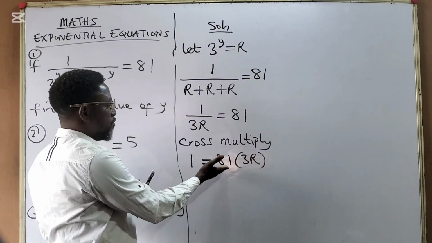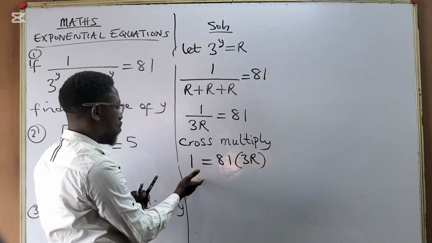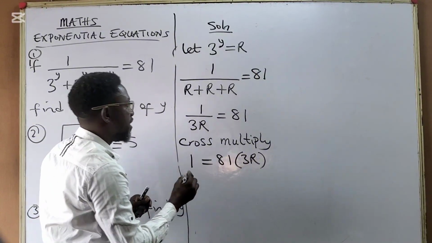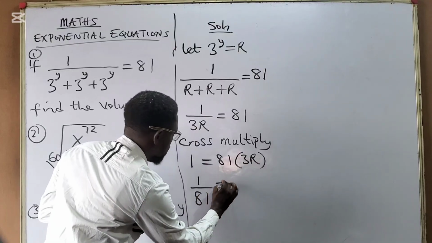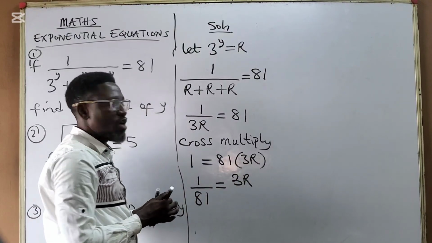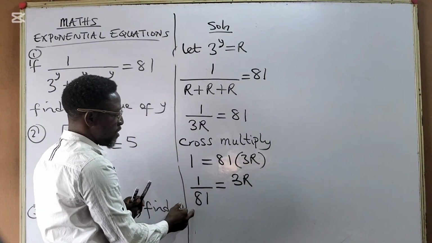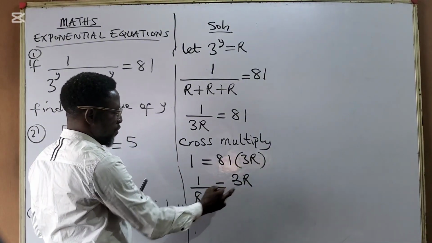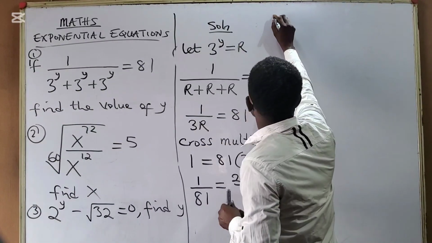So now I need to remove the 81 from here, dividing both sides by 81. If I divide both sides by 81, I'll get 1 over 81 equal to 3r, because 81 will cancel out. So I'll get 1 over 81 equals 3r.